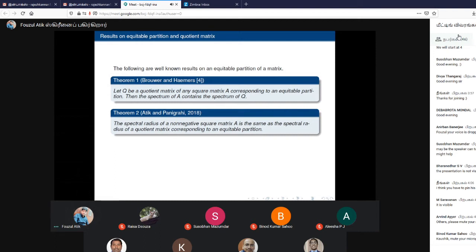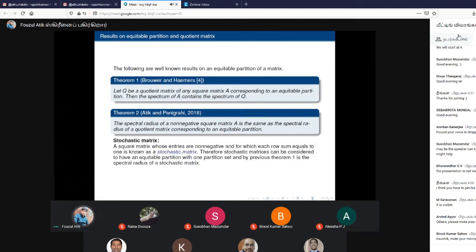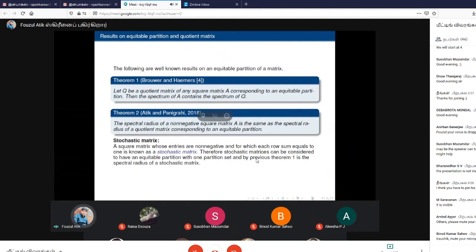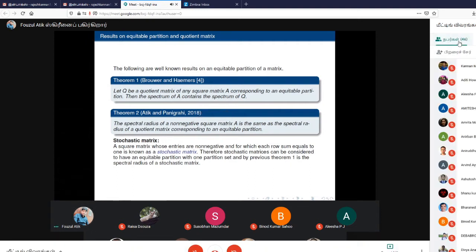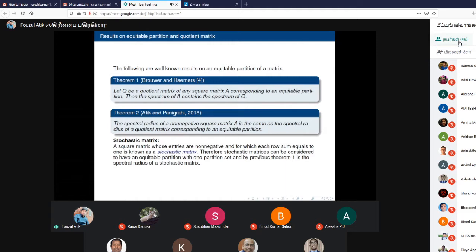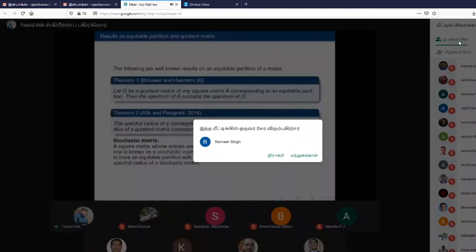Now again, coming to the stochastic matrix. We know that a stochastic matrix has non-negative entries and each row sums to 1. That means a stochastic matrix is a non-negative matrix whose entries are either 0 or some number between 0 and 1, and the sum of each row is 1.